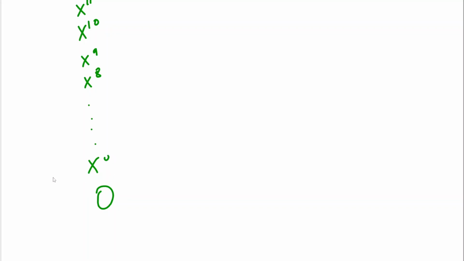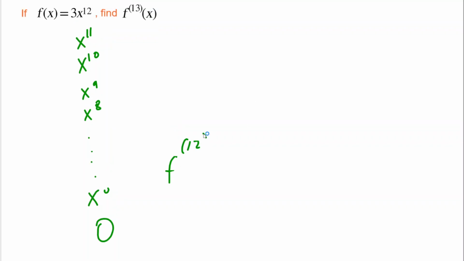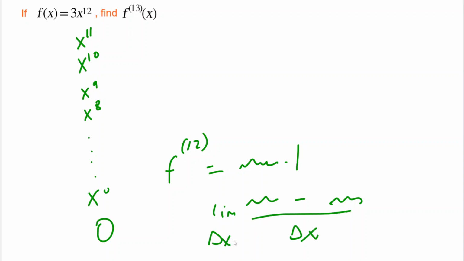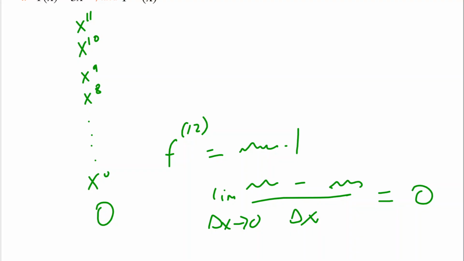Because if we have x to the 0, which is 1, times some number, then we just get number minus number over delta x, limit as delta x approaches 0, which is just going to be 0, because the numerator is 0, and 0 over delta x is 0. So again, it's just recognizing patterns here. Your answer will literally just be 0.